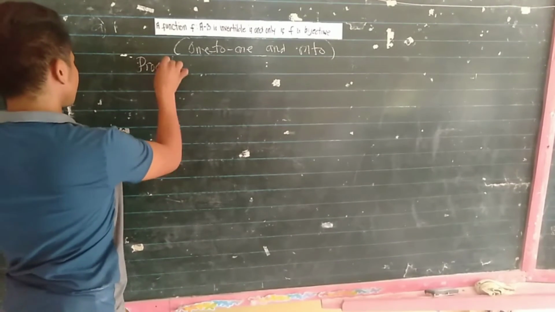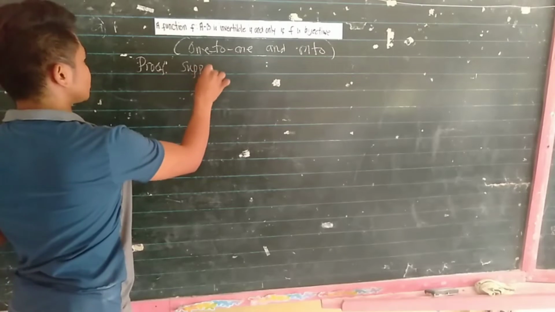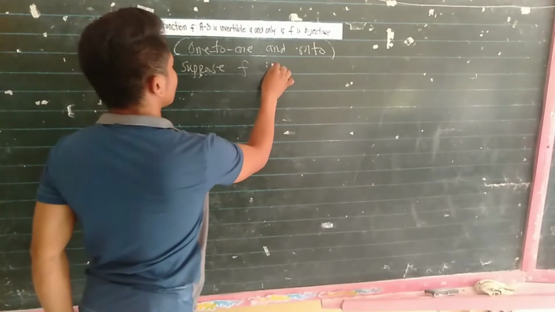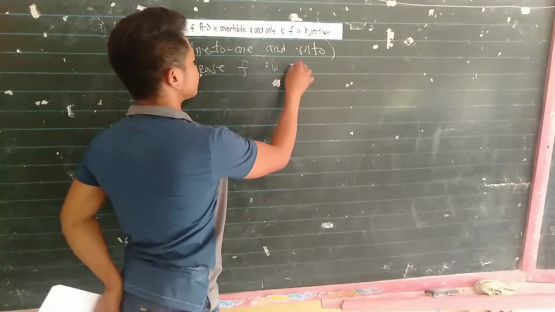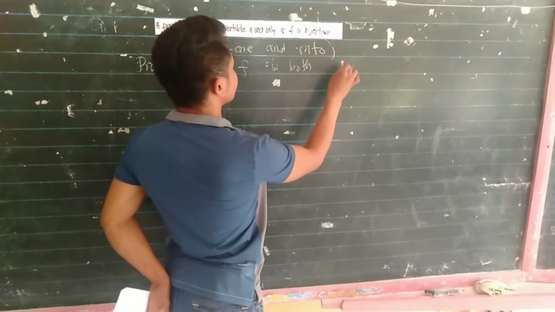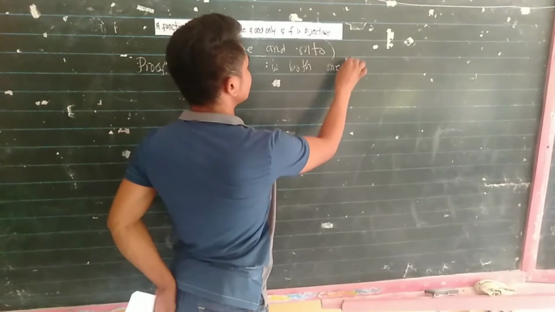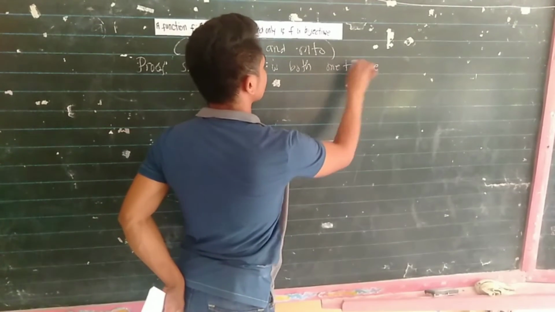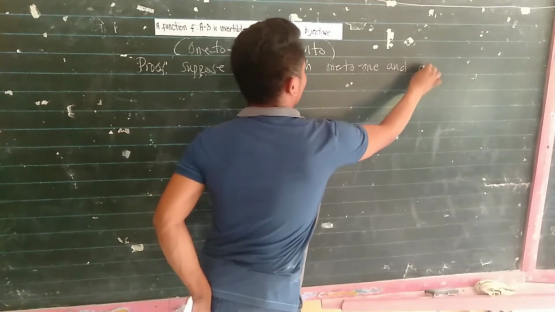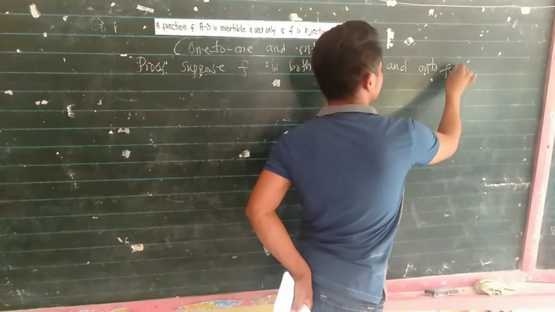Suppose f is both one-to-one and onto function.